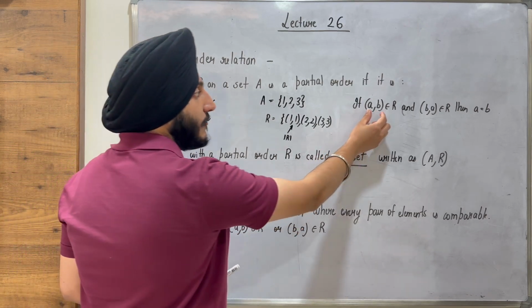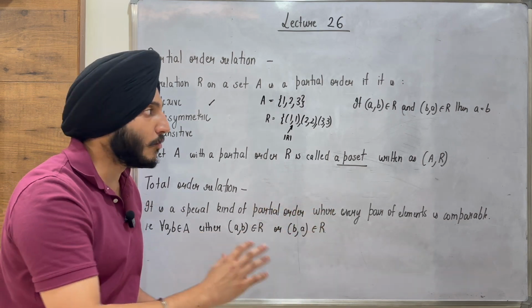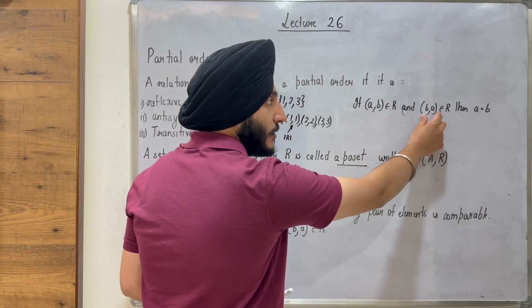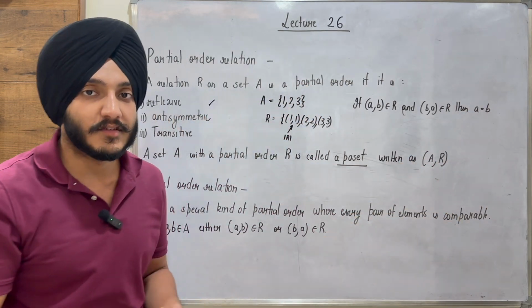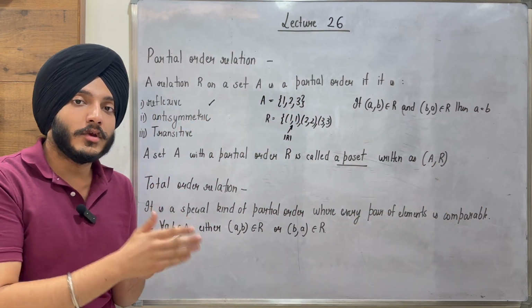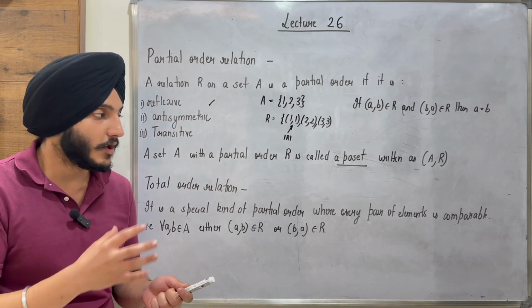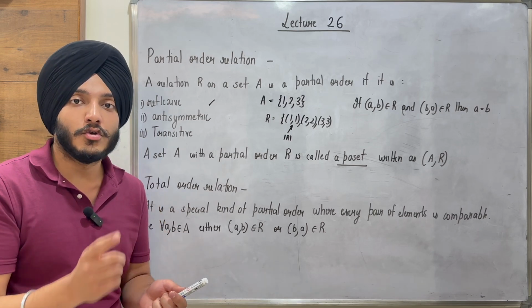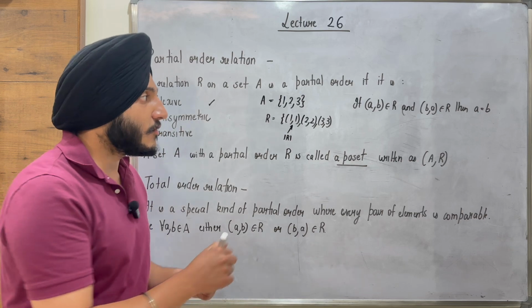So you check if (a, b) is in the relation. For example, let's say 1 is related to 2, and 2 is related to 1. If the opposite is also there, and the elements are not the same, if they're different elements, then it is not going to be antisymmetric anymore. For example, if I find 2 related to 1 and 1 related to 2, it is not antisymmetric. Similarly, if I find (3, 2) and (2, 3), it's not antisymmetric.